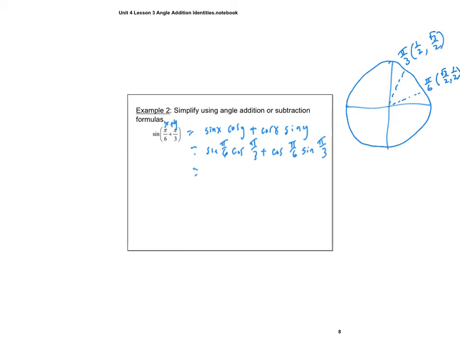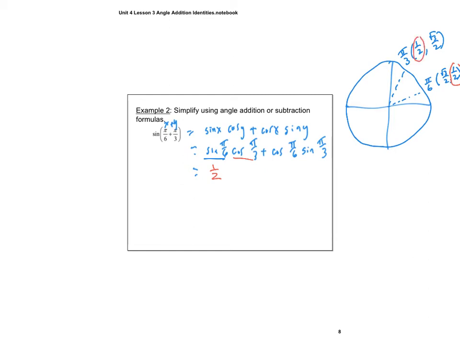All right, so sine corresponds with a y value on the unit circle. So sine of pi over 6 there is going to be 1/2. That's the y value. And then the cosine of pi over 3, cosine corresponds with the x value at that angle.